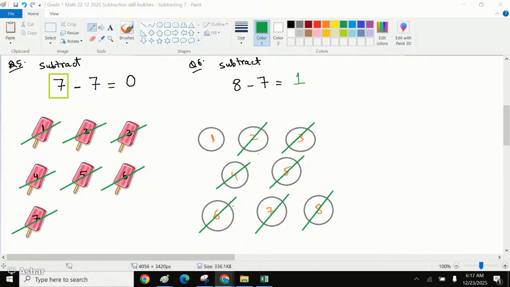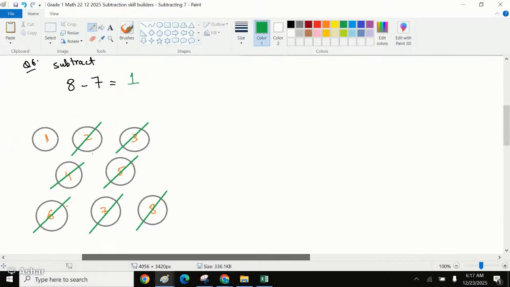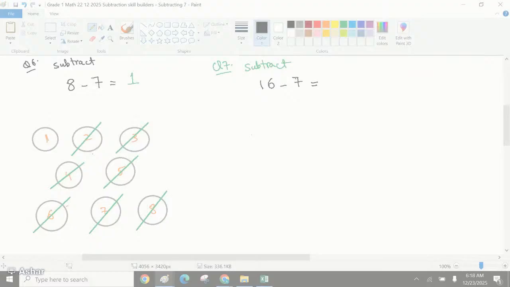The next one is a bit difficult. Question number 7 says subtract 16 minus 7, right? So we also have a grid for us to remember. Let's see how we can remember through the grid.